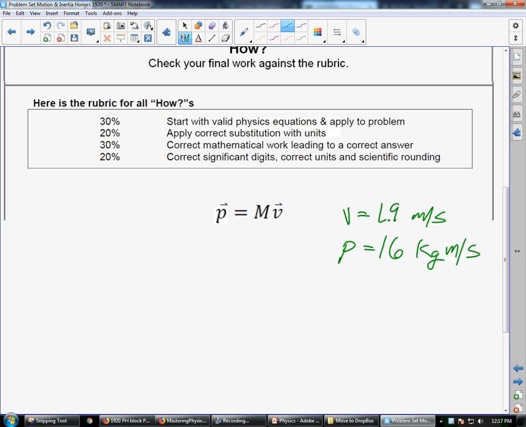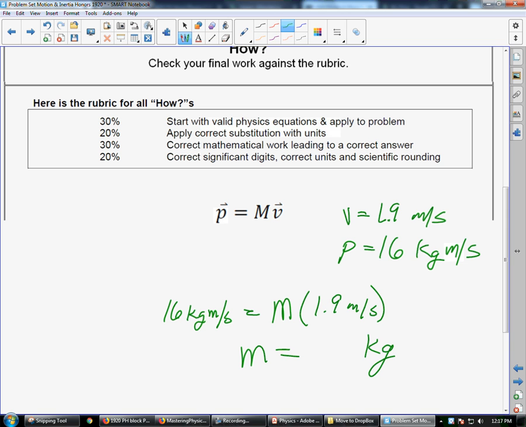Now I can just substitute in. 16 kilogram meters per second equals whatever the mass is times 1.9, solve for m, and it will be in kilograms. So I have kilogram meters per second here, meters per second there. That means, yay! And there was much rejoicing.